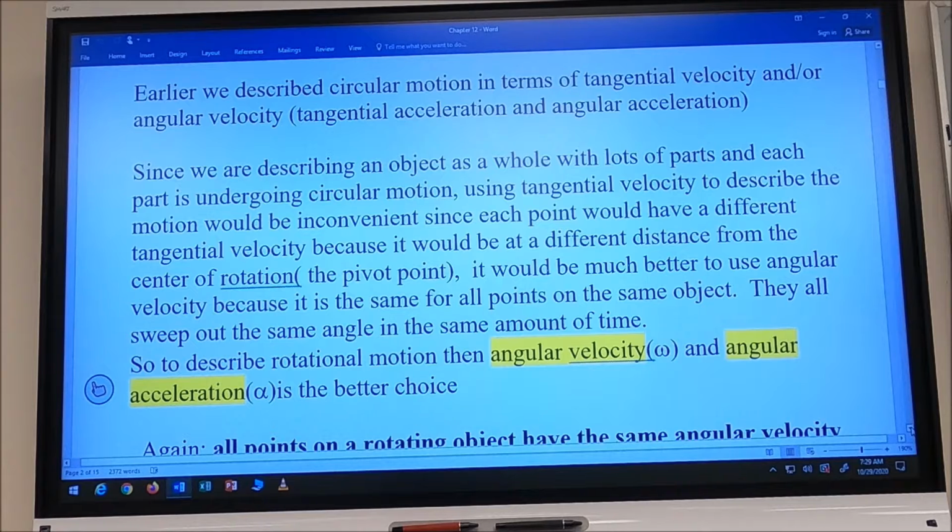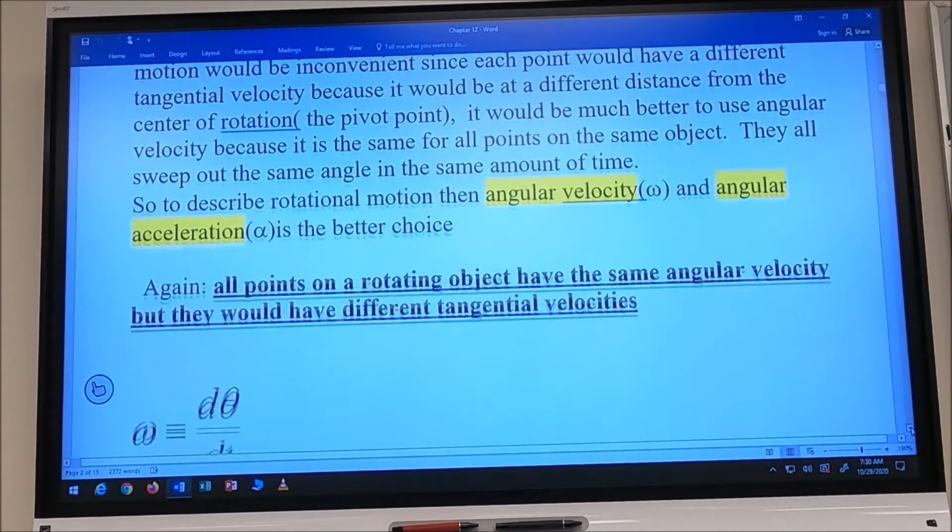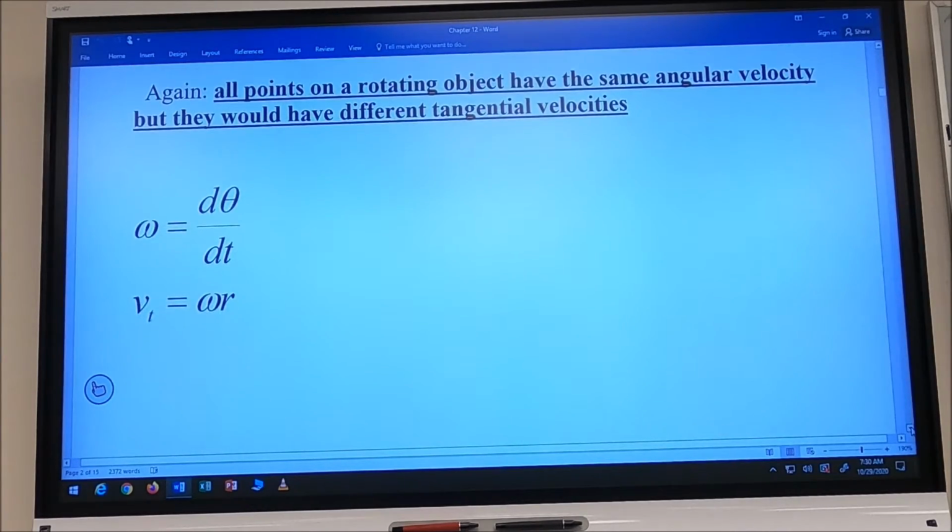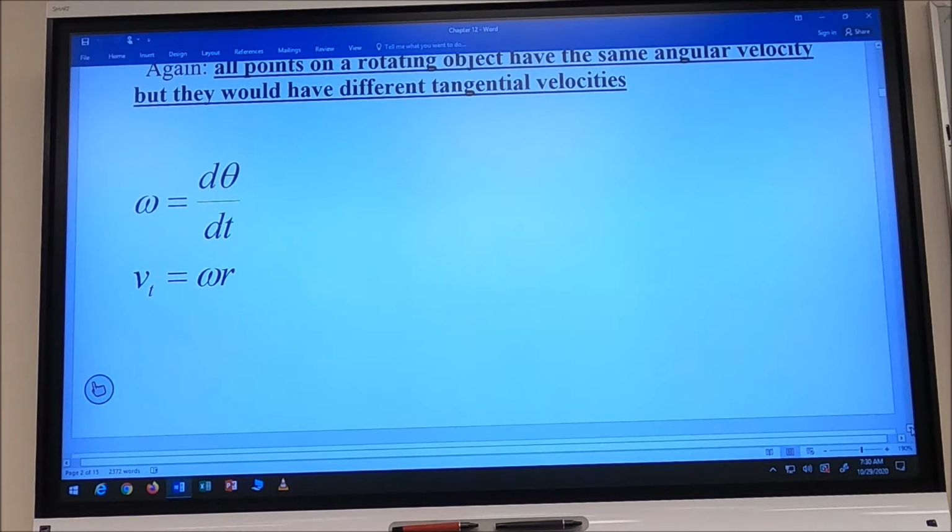To describe the object as a whole, we're going to want to use angular velocity, and if it's changing angular speed, angular acceleration, because both of those will describe the motion of the object as a whole.